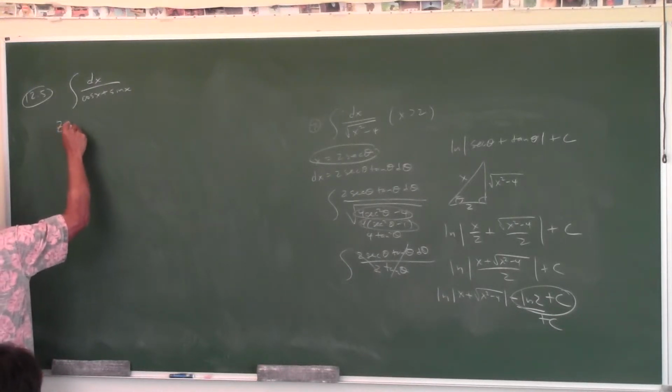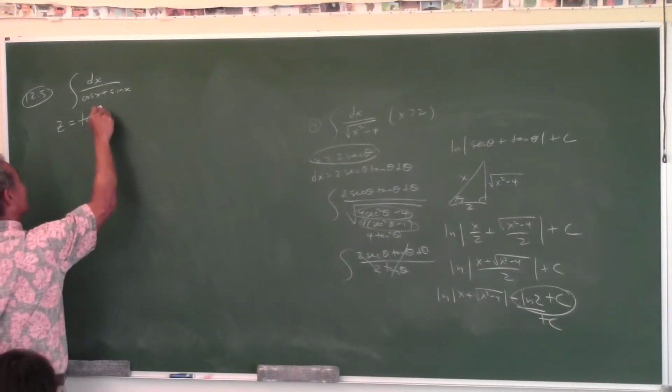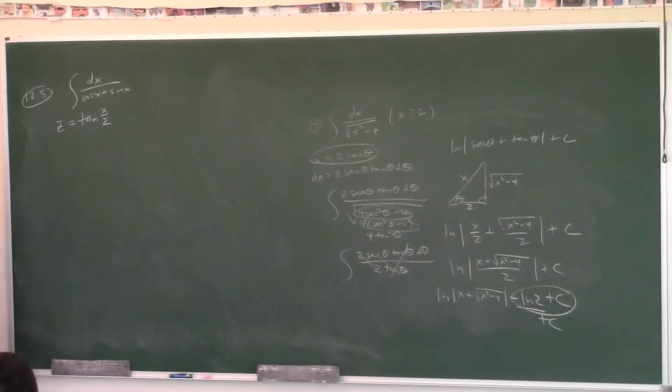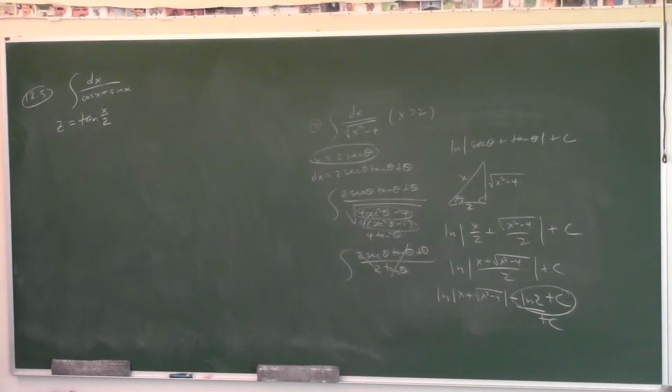This is called the z substitution. z equals tangent of x over 2. The z substitution will transform any rational function in terms of sine and cosine into a rational function.